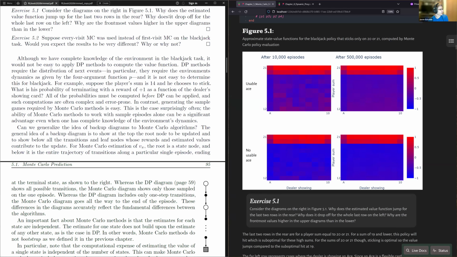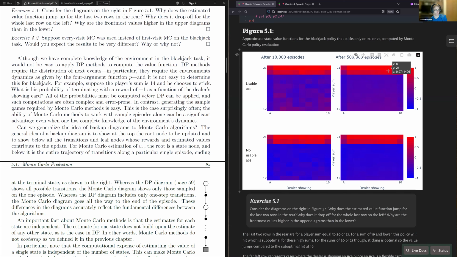And then we did go over some of the questions about this for anyone that wants to review it. One question is, why does the value function jump for the last two rows in the rear? By the way, winning the hand gives you a reward of 1, losing gives you a reward of -1, and a draw is 0. So this value in the back here is pretty high.